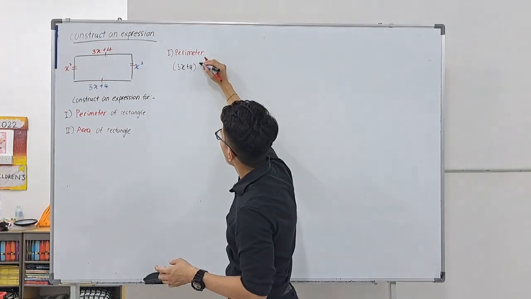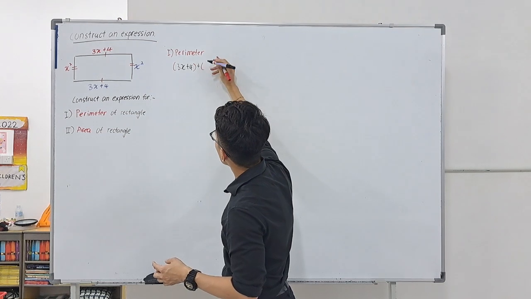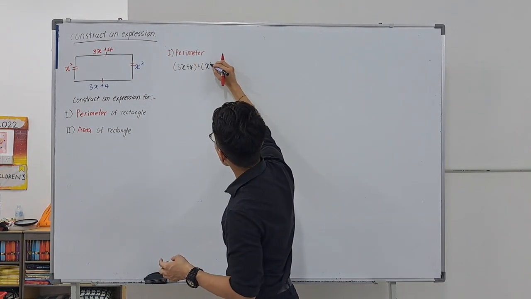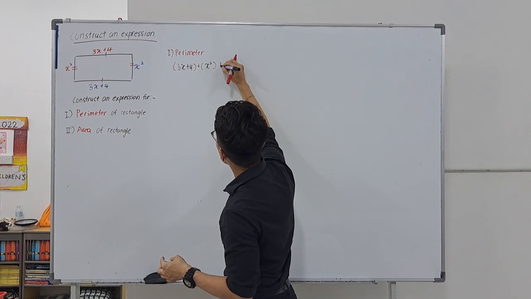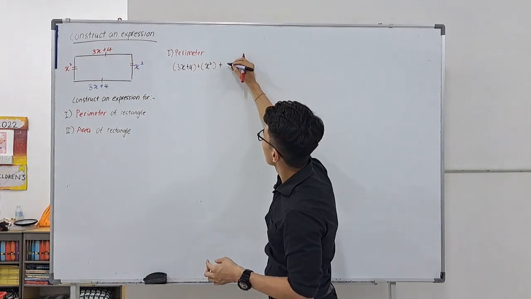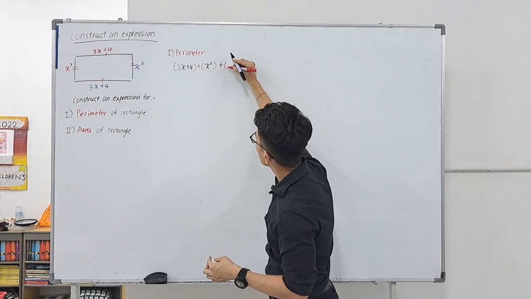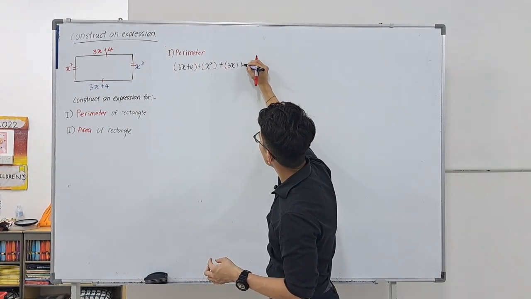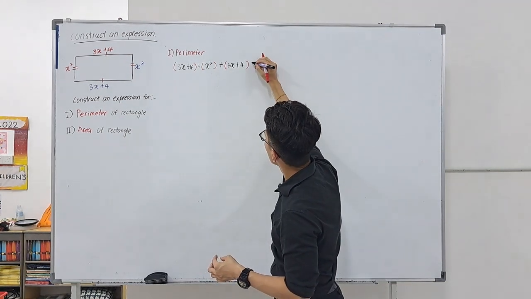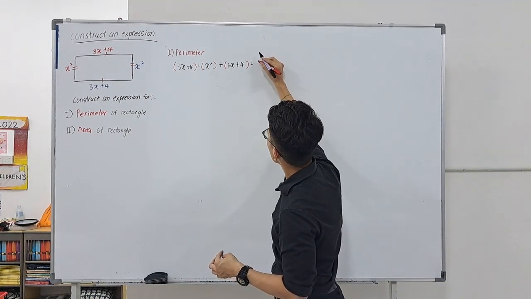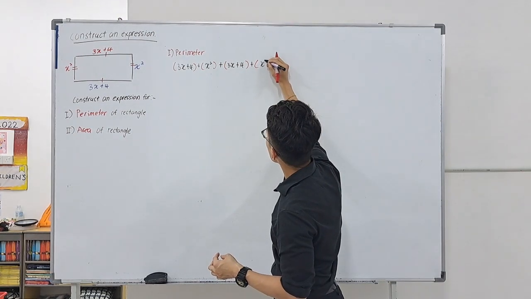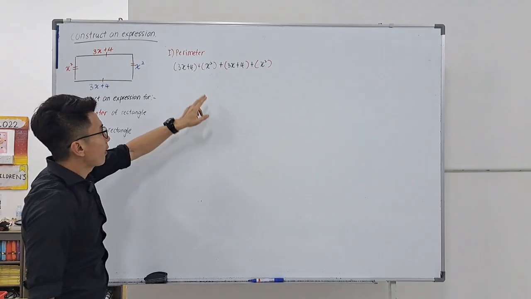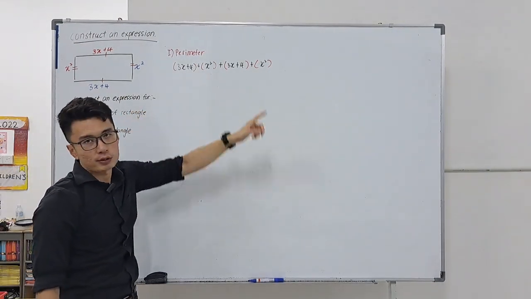My top, I will add x squared, plus the top, which is 3x plus 4 again, plus another x squared. What I have done here is added all four sides.